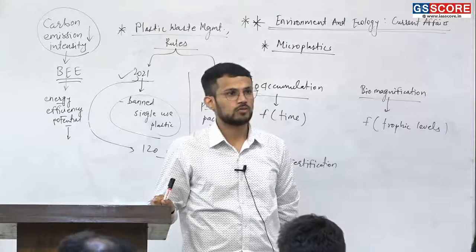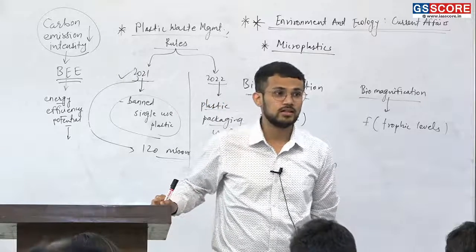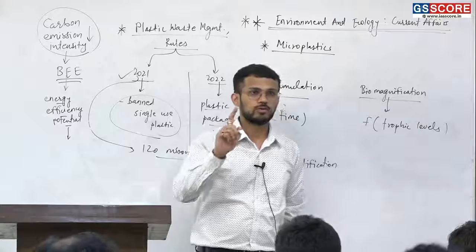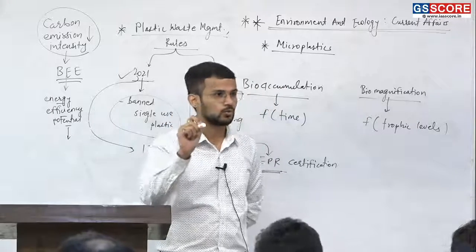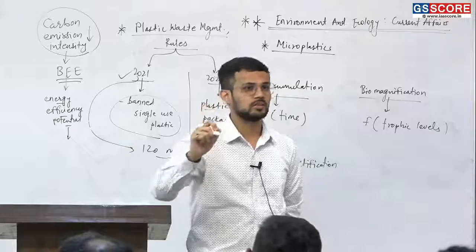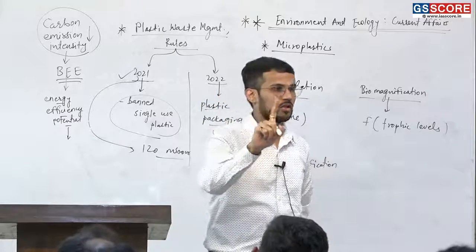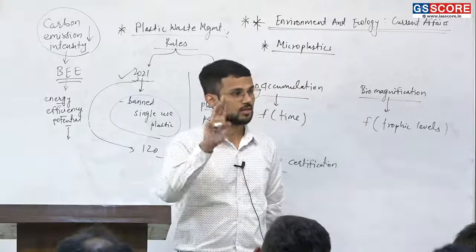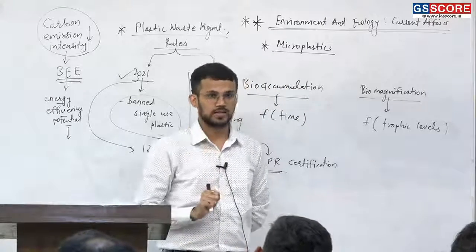And photochemical smog, as you must be aware, is a secondary pollutant which is formed as a result of reaction between nitrogen oxides and VOCs in the presence of sunlight.